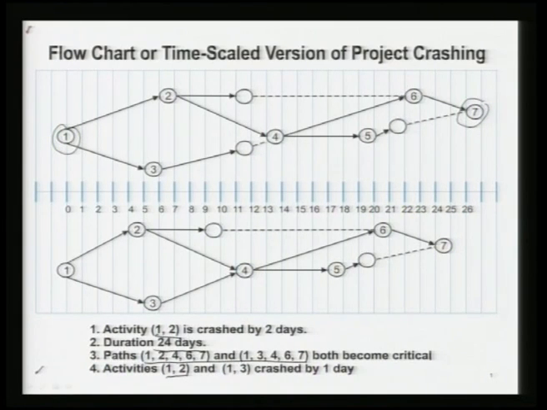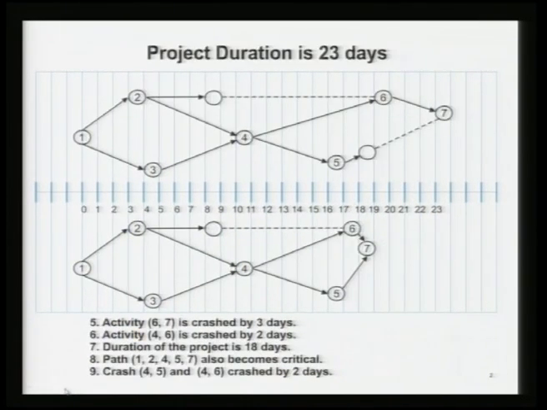So, I have already crashed it by 3 days, therefore, I cannot crash this combination by more than 1 day, but I choose this combination because this has the smallest rate of crashing. Okay. So, once I do this by 1 day, then the project duration will become 23 days, which I will show you in the next slide, right.